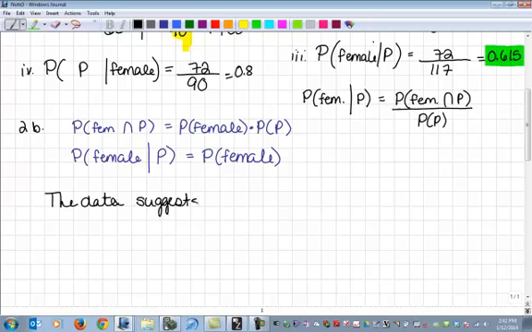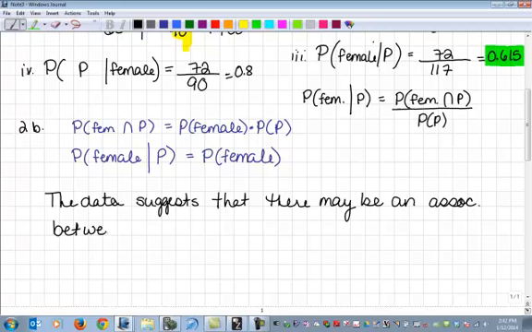Oops. The whole thinking and writing at the same time. That there may be an association between, let's look back at the question here, independent of gender, and we're going to use production and female.